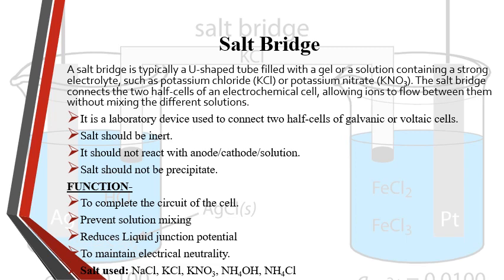The salt bridge physically separates the solutions while still allowing ionic conduction, thus preventing these side reactions. When we say it reduces liquid junction potential, when two different solutions come into contact, a small voltage difference known as the liquid junction potential can develop due to differences in ion mobility.